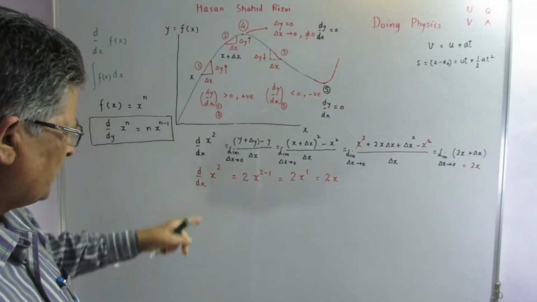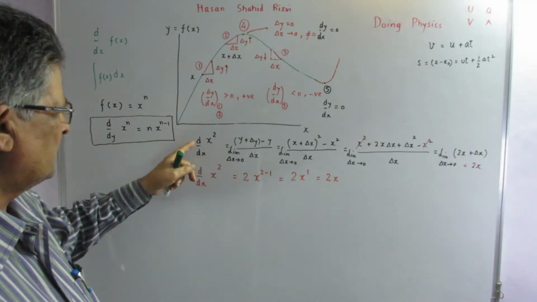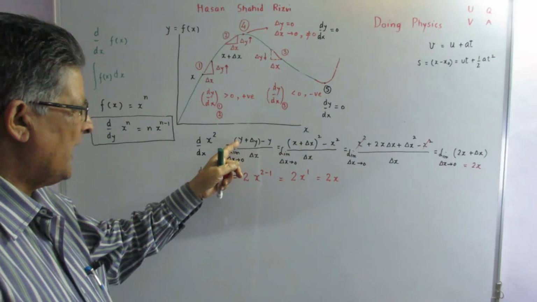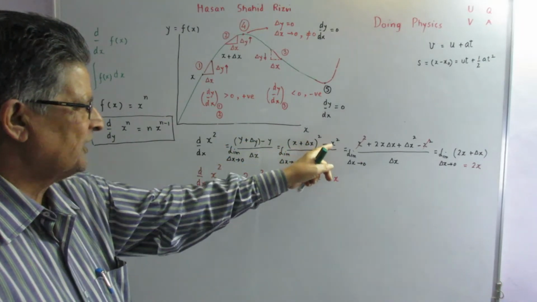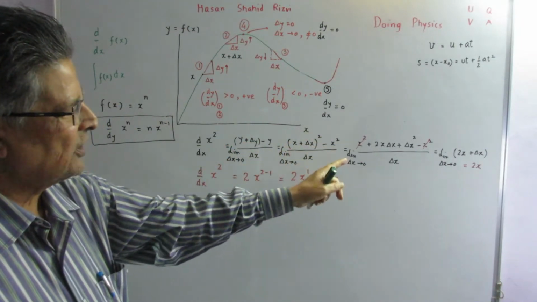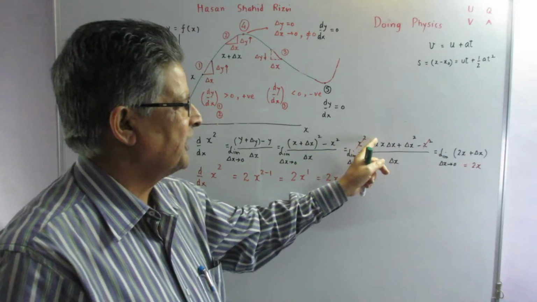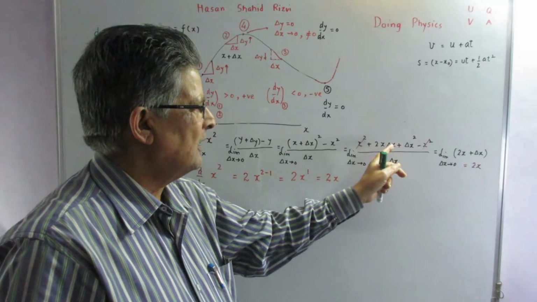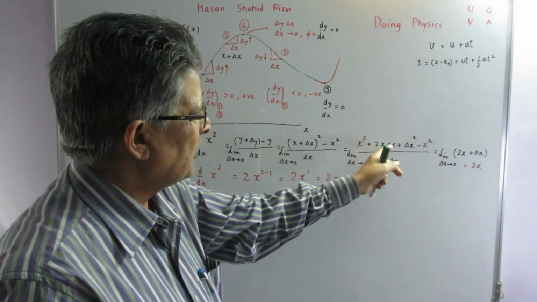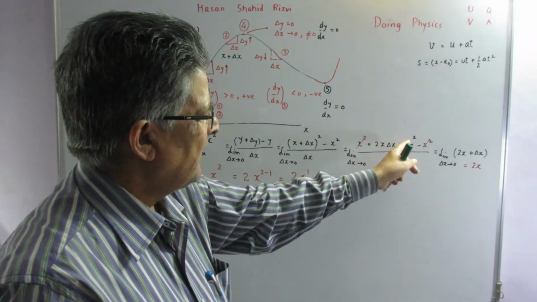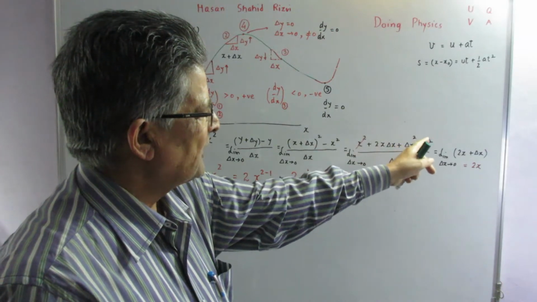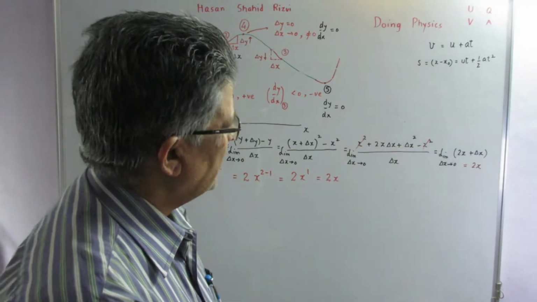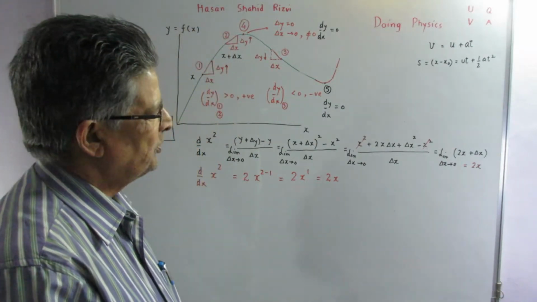So similarly, you can say that d/dx of x cube is equal to (x plus delta x) whole cube minus x cube, and that will also turn out to be x cube plus 3x square delta x plus 3x delta x square plus delta x cube minus x cube.